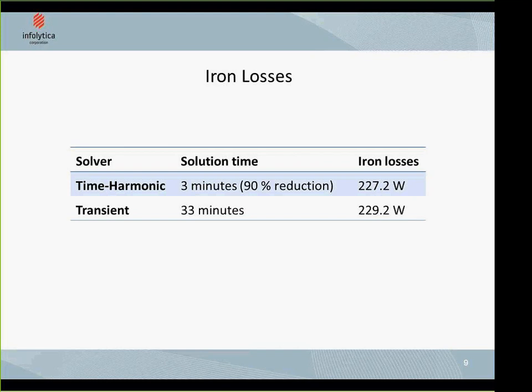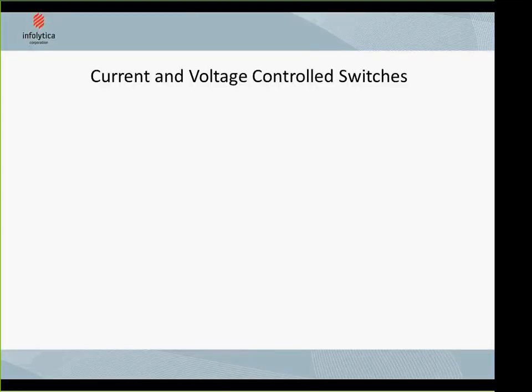Now we are going to switch gears and go to controlled switches, that is current and voltage control switches. The key advantage, as I said before, is that it allows us to implement complex control and drive circuits that we previously could not do.